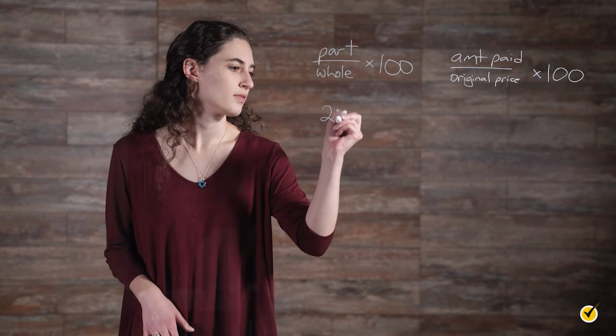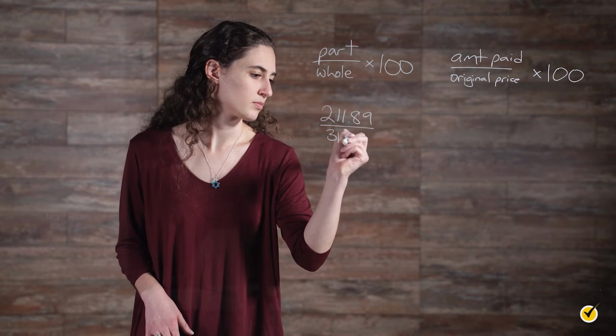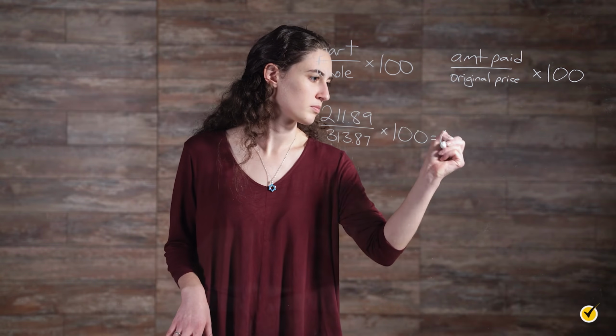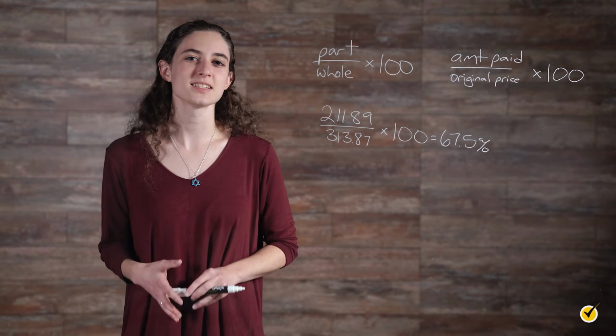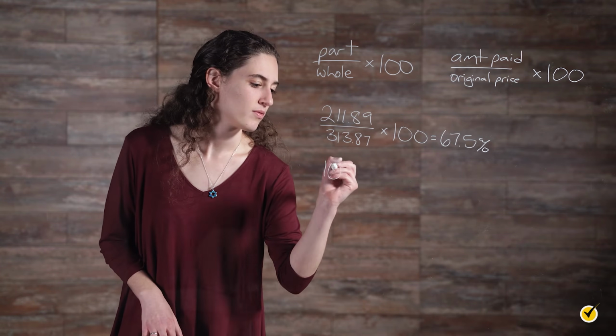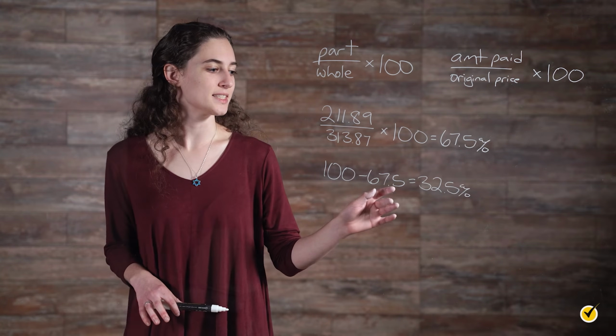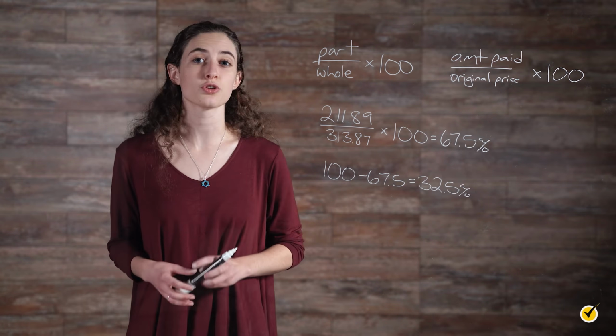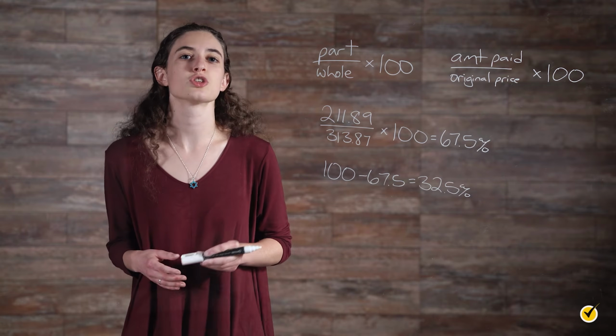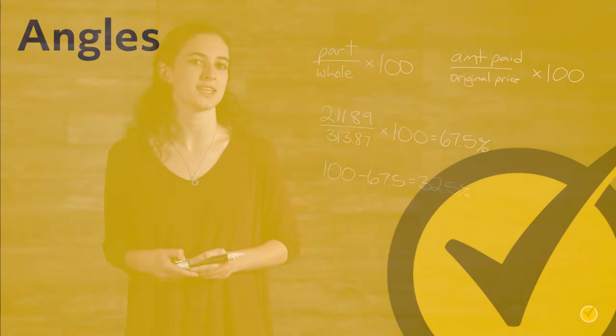So from the previous example, we have this. This is the percentage your friend paid. 100 minus 67.5 is equal to 32.5%, which is the total discount percentage your friend saved.